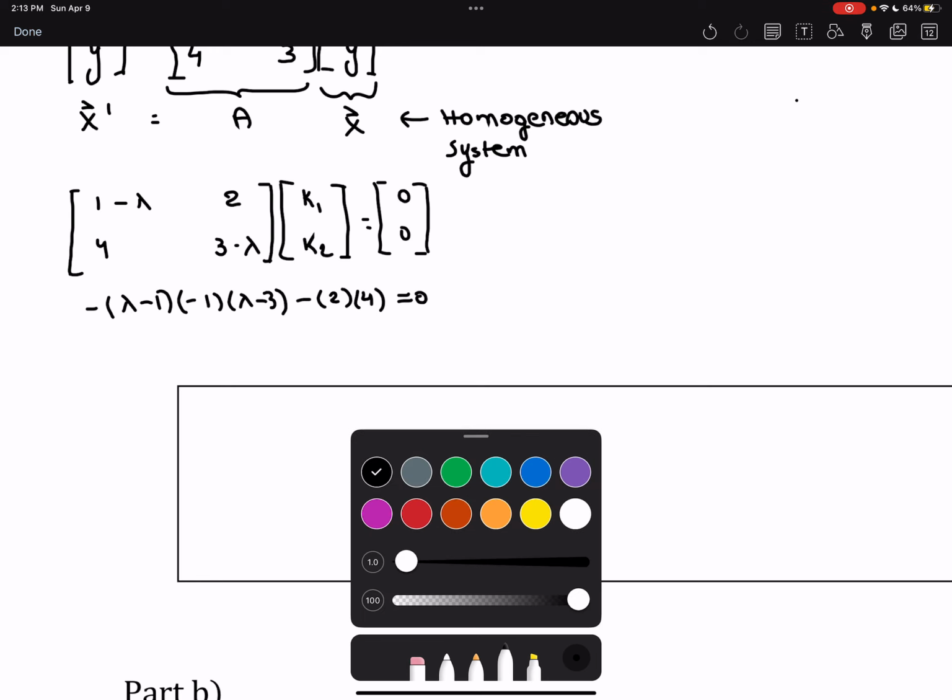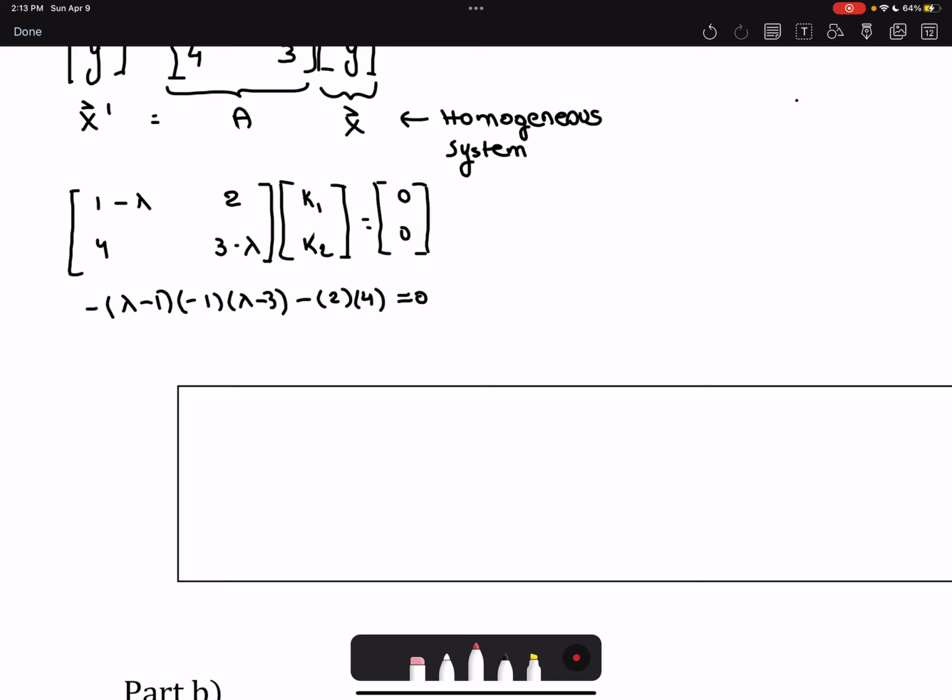So first thing I notice is that the negatives here cancel. Then I can expand this as lambda squared. The sum of the two is going to be negative 4 lambda, and their product is going to be positive 3, and then we have a negative 8, and all of that is equal to 0. So now we get lambda squared minus 4 lambda minus 5 equals 0.